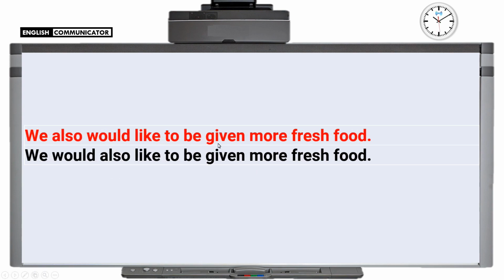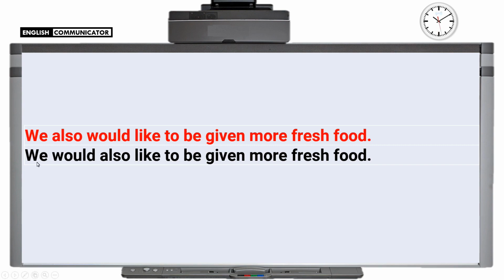We also would like to be given more fresh food. Wrong sentence. And why is it wrong? Look at the combination. I told you before, always use auxiliaries before and with the subject. For example, we are: auxiliary. Is, are, am, was, were, has, have, had, will, shall, could, would. So here the auxiliary is a mistake.